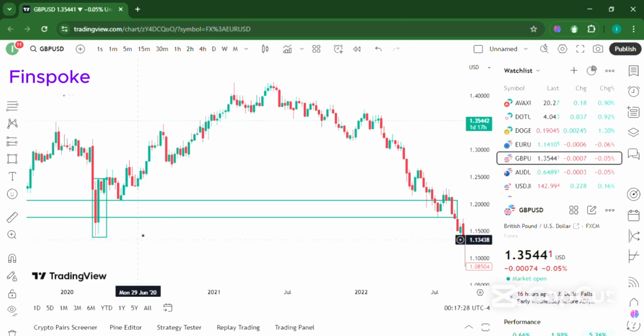So this chart pattern or these pipes comes in two forms, the bearish and the bullish. But understand the fact that both of them are reversal chart patterns. This is the bullish reversal chart pattern because it formed at the support key zone.